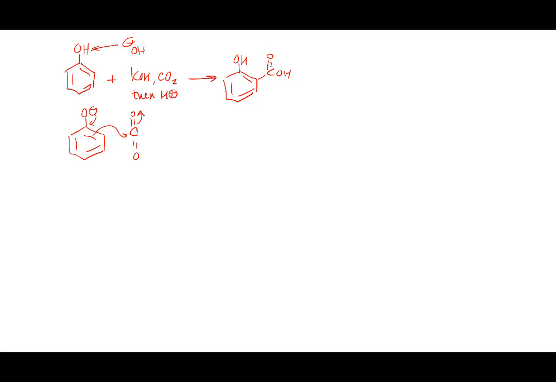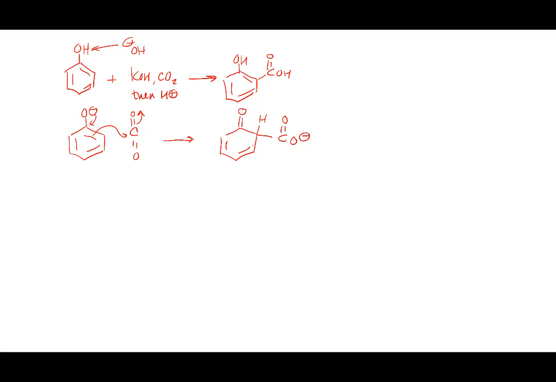It's like a Grignard reacting with CO2. What you'll end up with is then an O double bond, the H here, a C double bond O with an O minus. And then your double bonds in the ring will look like that.